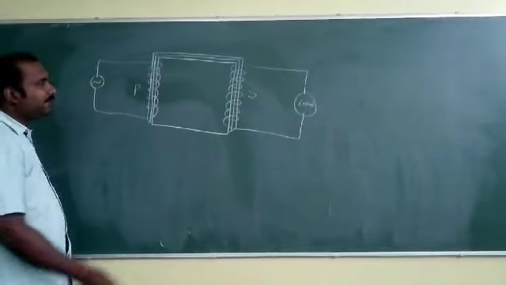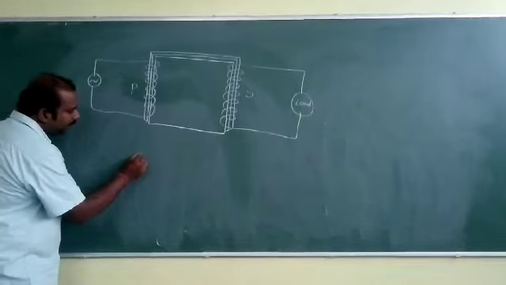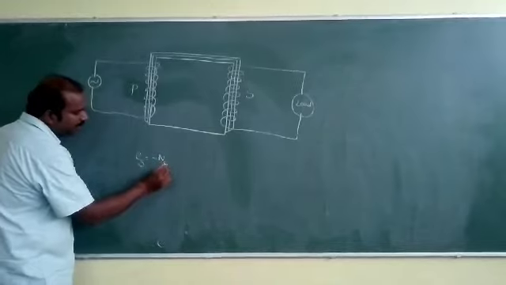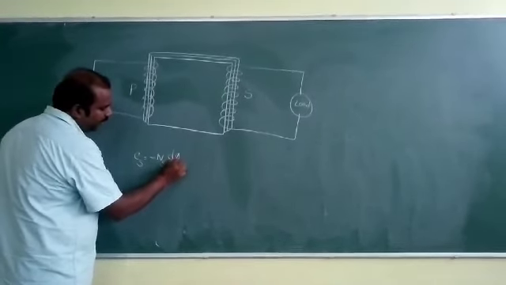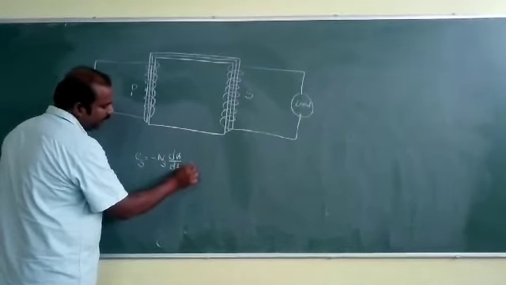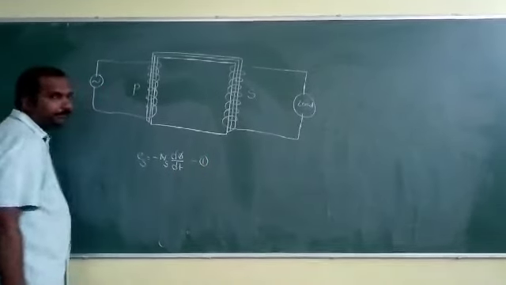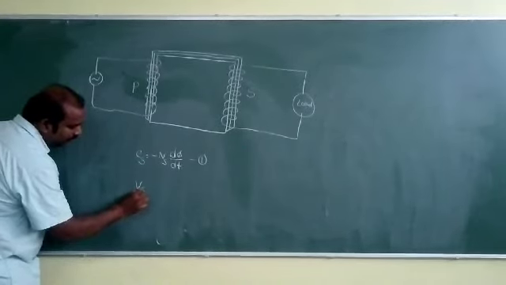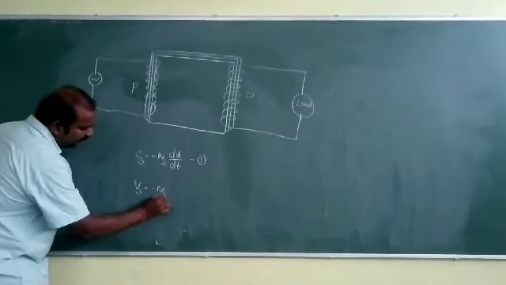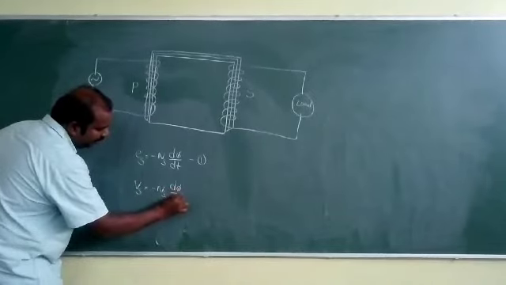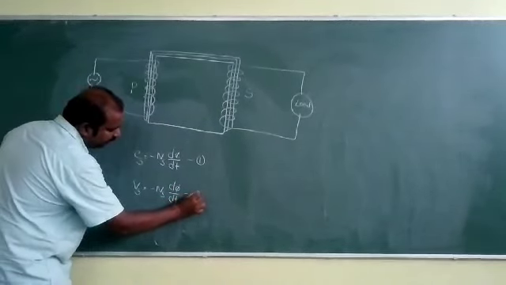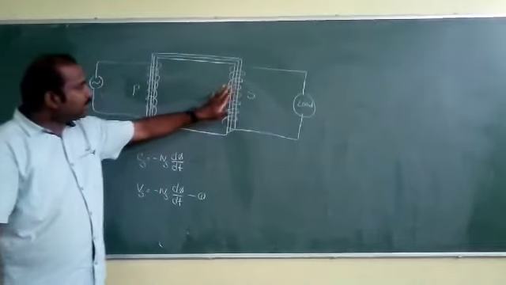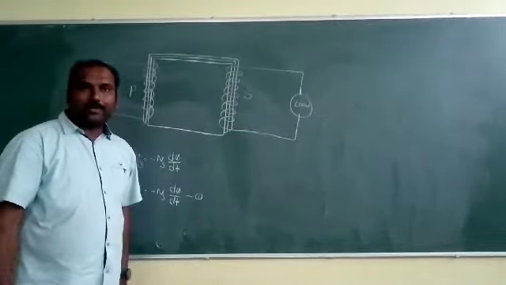The induced EMF in the secondary coil is given by the formula Es = -Ns dΦ/dt. This is equation 1. Or you can write the voltage across the secondary as Vs = -Ns dΦ/dt.